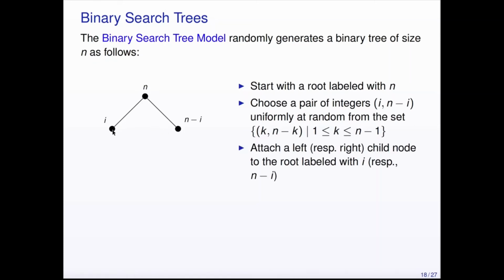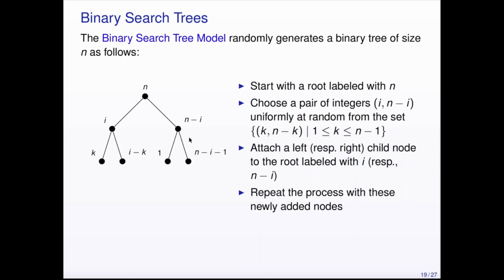So the left subtree will then be of size I, and the right subtree will then be of size n minus I. So we attach a new left and a new right child node to the root, label them with I and n minus I, and then we repeat the process.